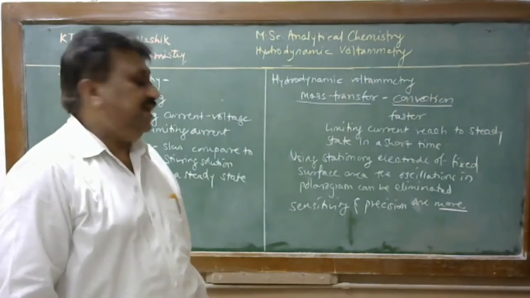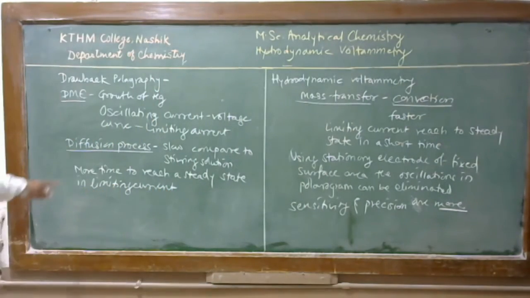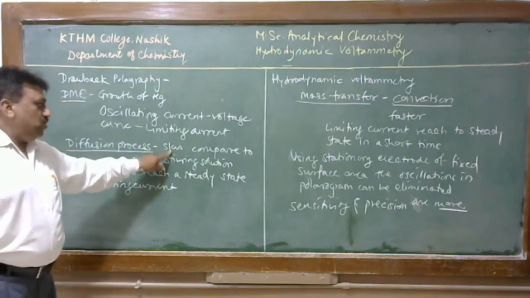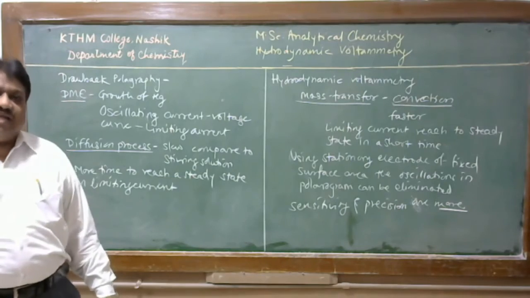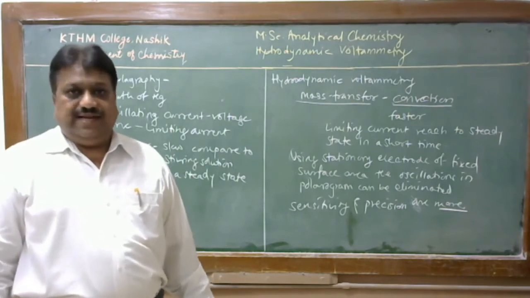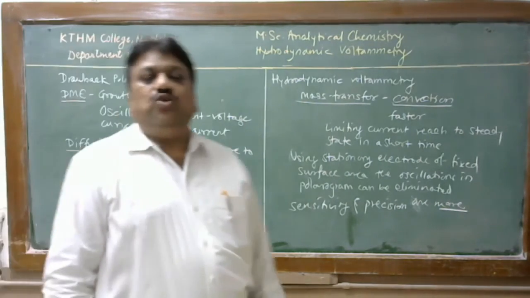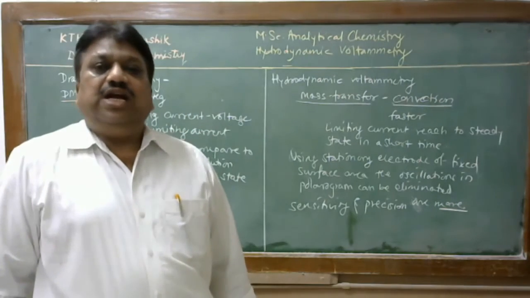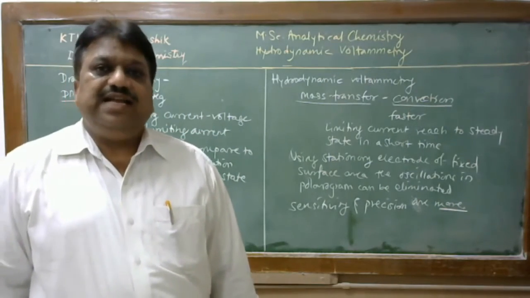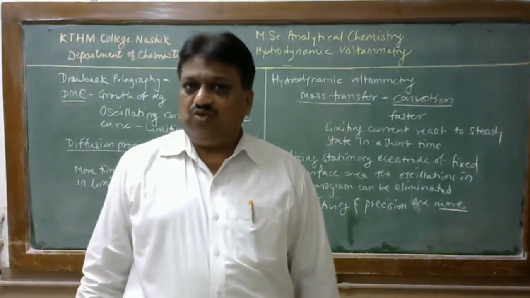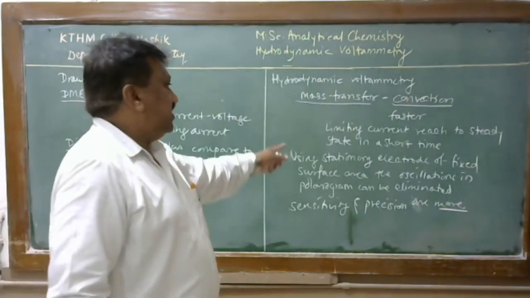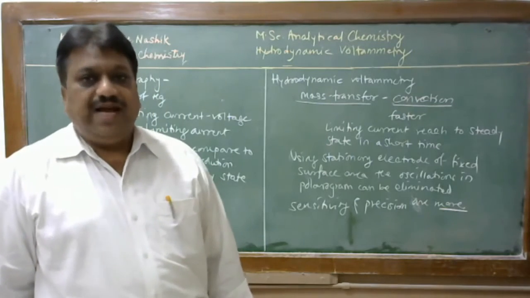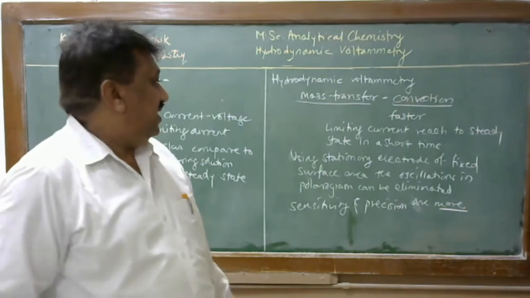And third disadvantage is that here diffusion process is very slow, therefore steady state in limiting current takes time in a polarographic analysis. But in case of hydrodynamic voltammetry, convection is a process by which analyte species are transported to the electrode surface, which is fast compared to diffusion process. Therefore, steady state in limiting current will be achieved at a much faster rate.